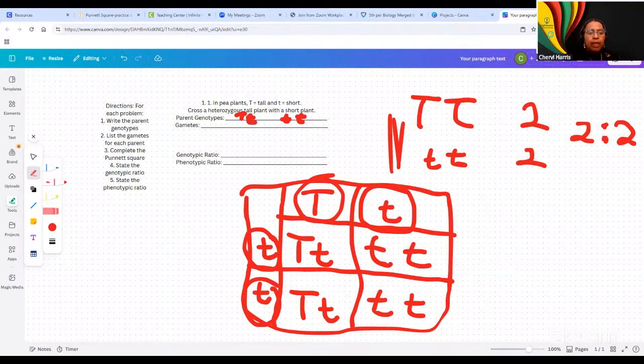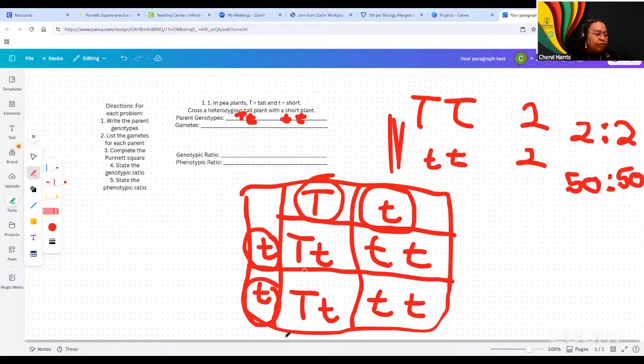Another way to say that is 50-50. Sometimes they do it as a percentage. This is more of a ratio, and this is more of a percentage. We can say that as well.